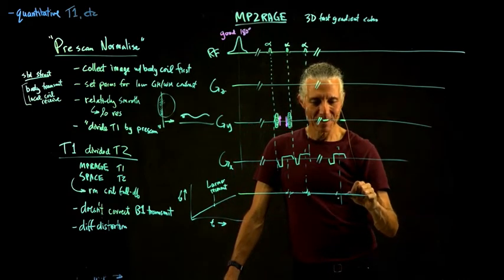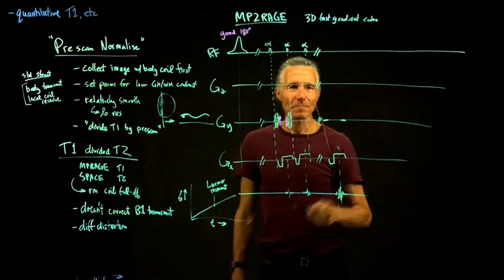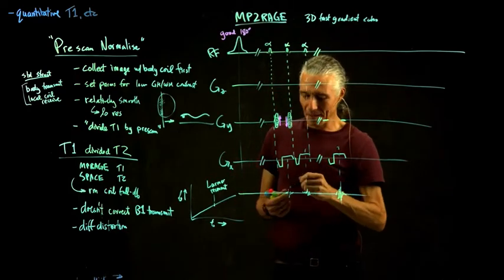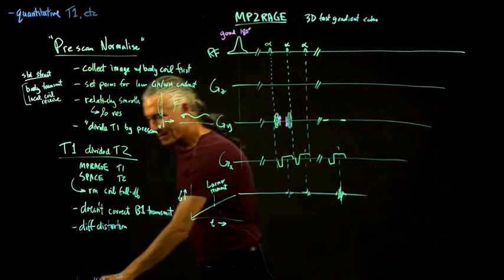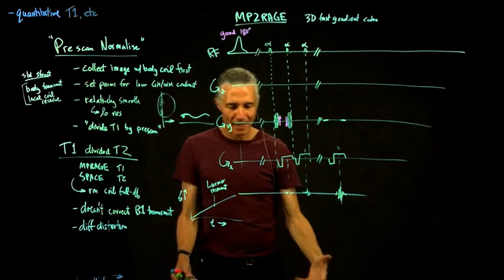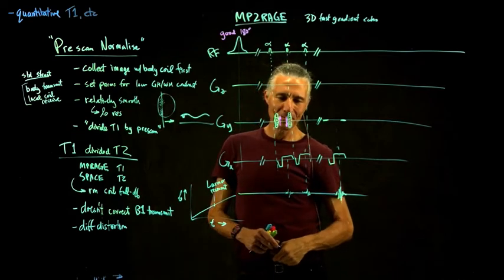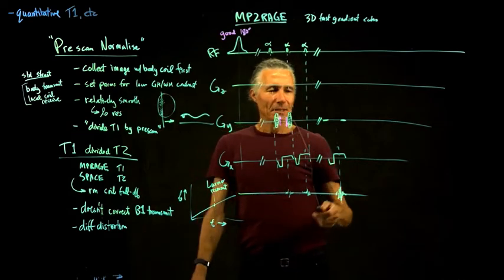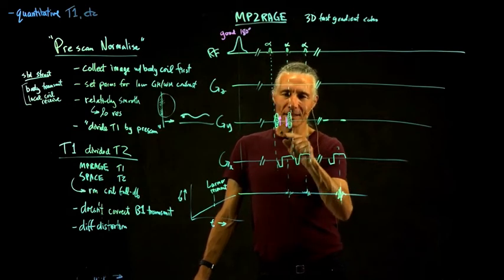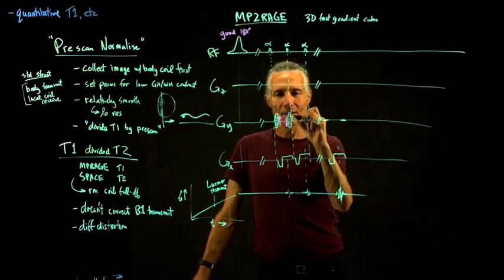And that's the biggest echo as you go through the center of K-space. And that affects the contrast the most. So it still has a contrast that looks like a spoiled gradient echo.